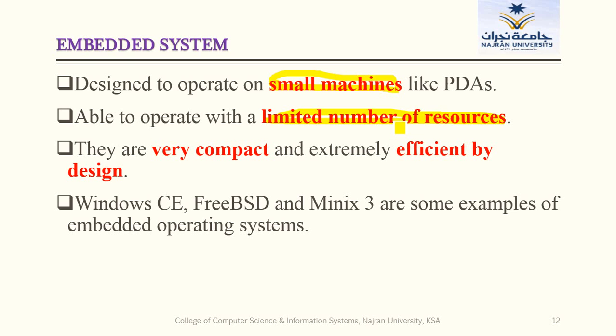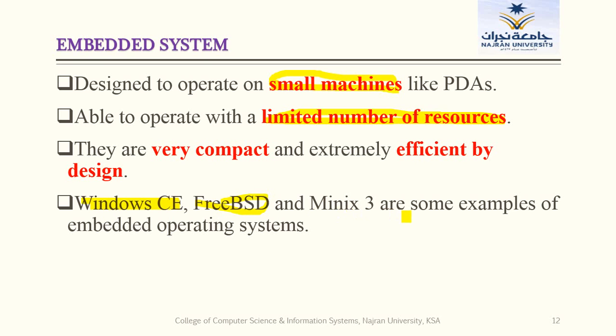Also, these types of operating systems are very compact and very efficient by design. So they can work very efficiently. Again, if you see the performance of your smartphone, all these small machines are using embedded operating systems. For example, Windows CE is an example of an embedded operating system.